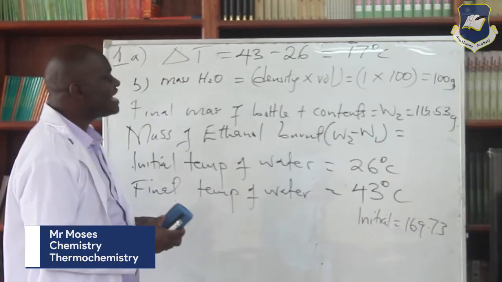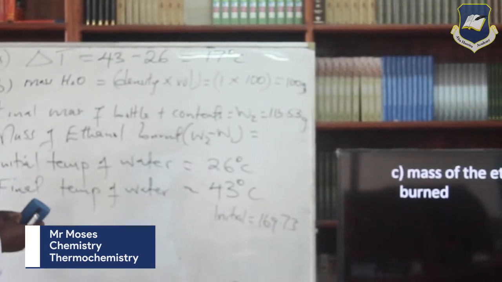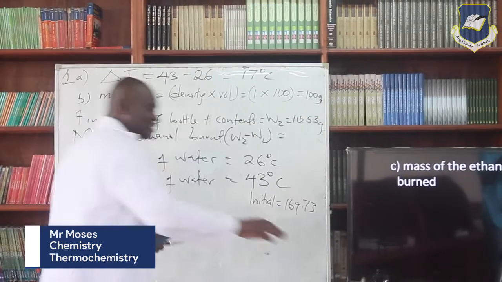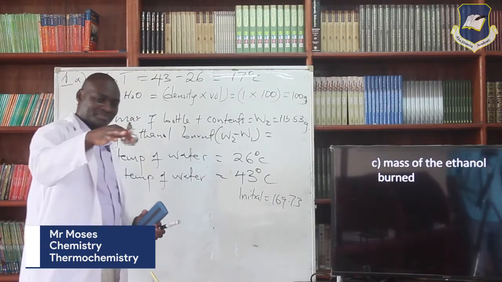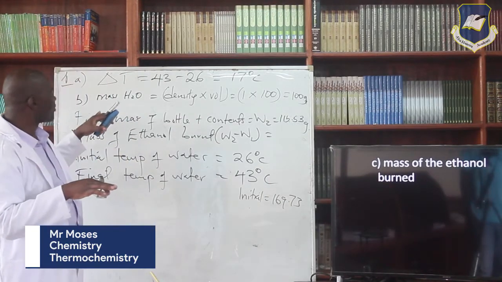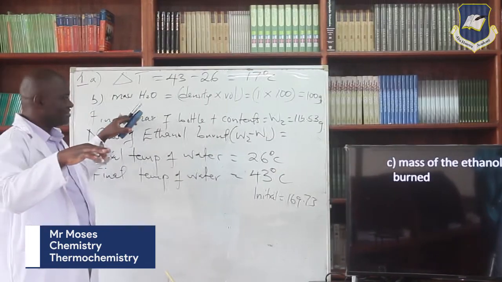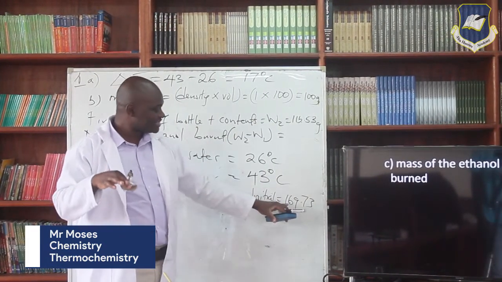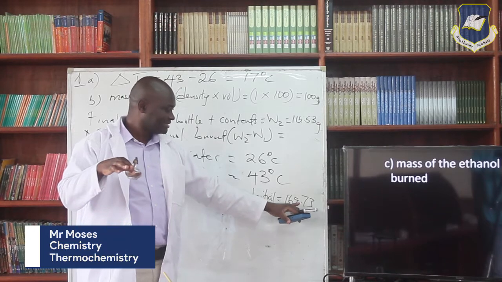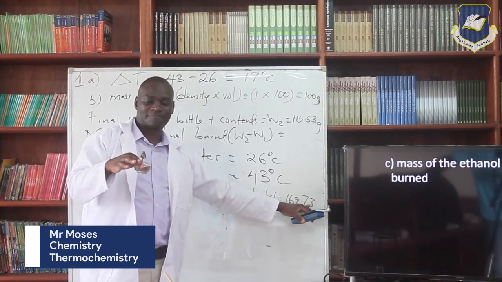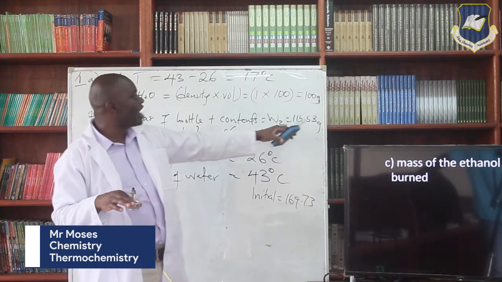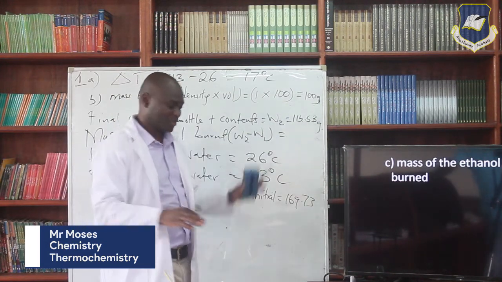Then we move to the mass of ethanol burnt. Remember, we took this bottle. We had the original mass of the bottle plus its contents, which was 169.73 grams. After burning, the mass came to 115.53.